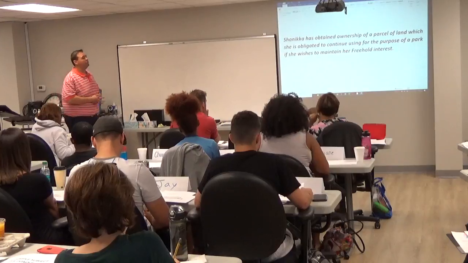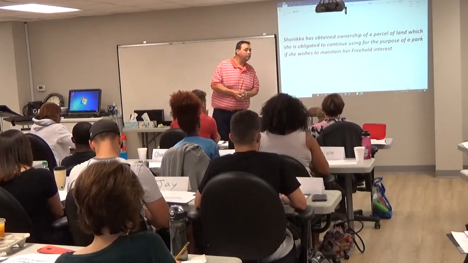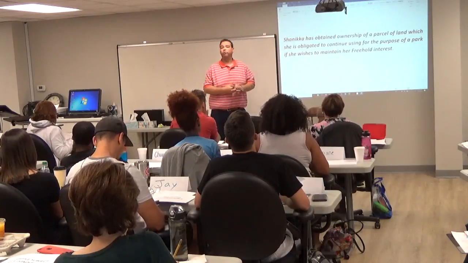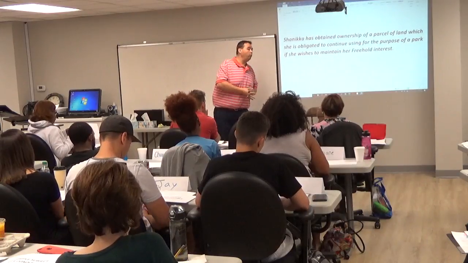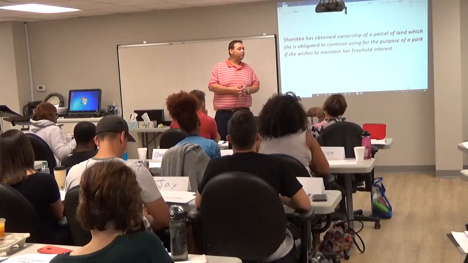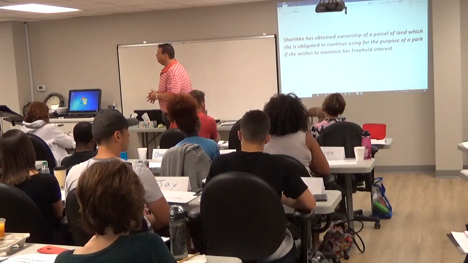Shanika has obtained ownership of a parcel of land which she's obligated to continue using for the purpose of a park if she wishes to maintain her ownership, her freehold interest. Freehold just means ownership, right? So if she wants to continue owning the thing, she has been told what she can do with the property. Which one is this? Fee simple determinable.